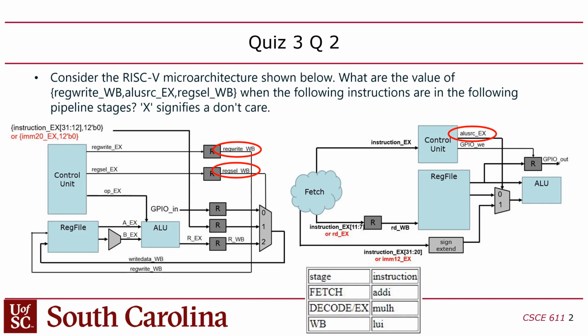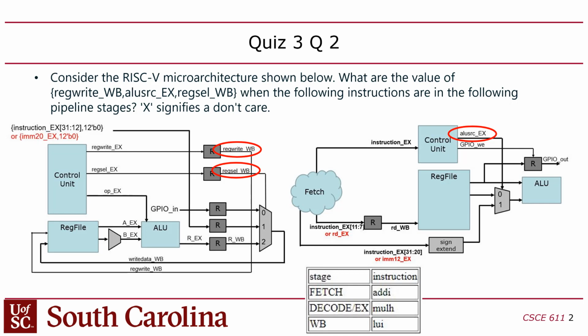And then reg select WB is corresponding to the WB instruction here, which is LUI. And so with an LUI, this is kind of the weird case where we're going to take the immediate value, right? Instruction EX 31 down to 12 and then padded with zeros.